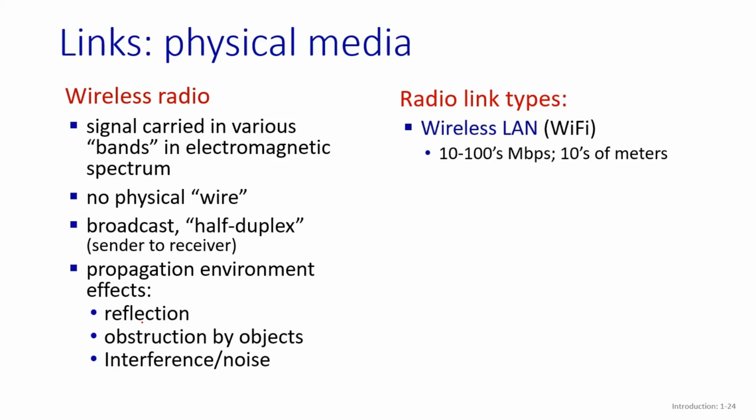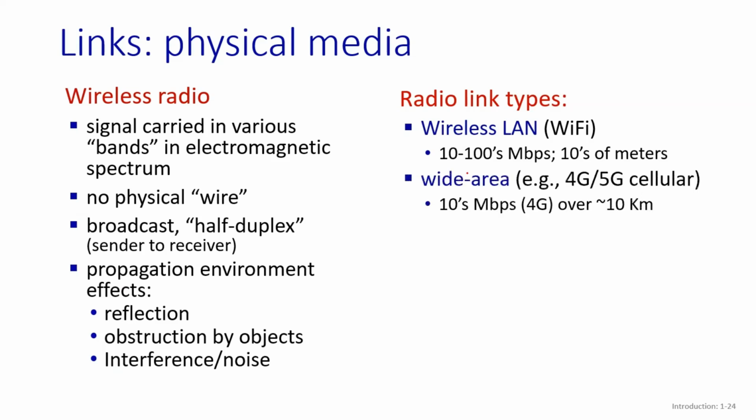So we have different radio link types, which include wireless LAN, also known as Wi-Fi. It provides tens to hundreds of MB per second speed, and the range for Wi-Fi is tens of meters. And then we have wide area, which means 4G, 5G, LTE, 3G technology.